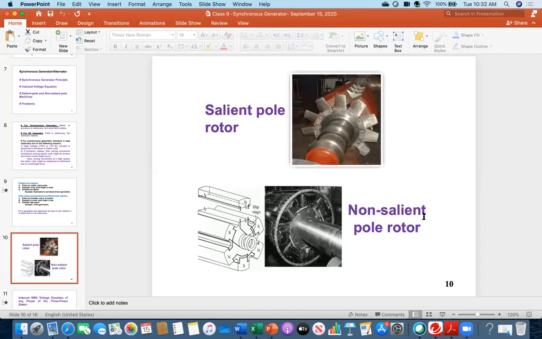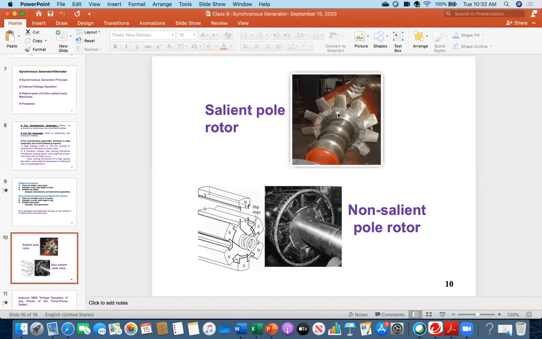So the meaning of non-salient is non-visible, invisible. You all know salient means the main or chief characteristic. That is one meaning of salient. But in the electrical engineering term, non-salient means an invisible pole, because looking from outside, you cannot see the pole. There are poles, but inside.